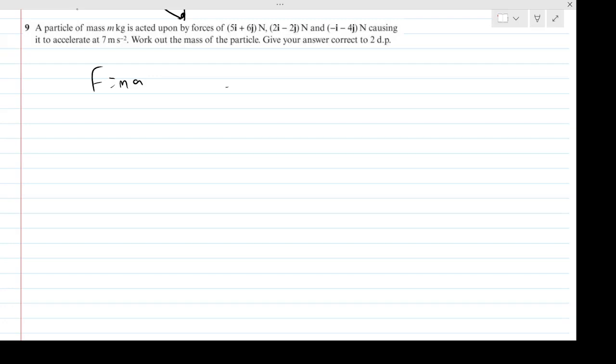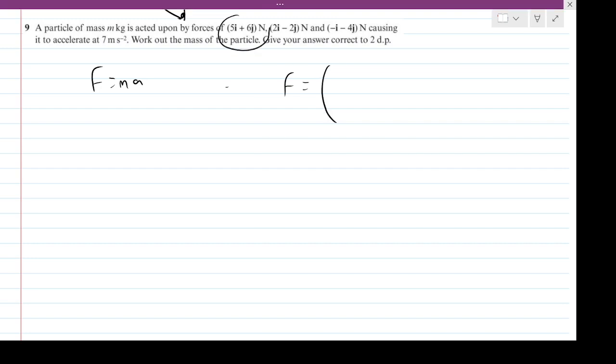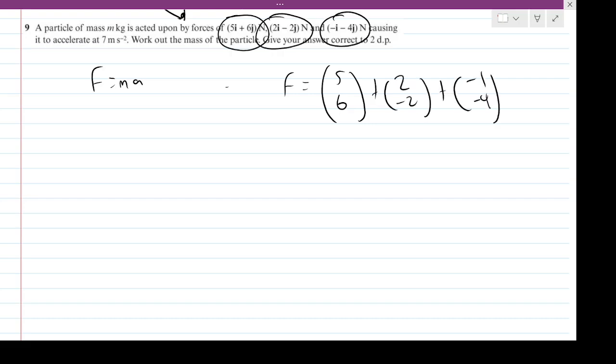Well, firstly, again, we've got these 3 forces, so we can calculate the resultant by adding them all up. So 5i and 6j is 5, 6. Added to the other one, 2i - 2j, so 2, -2. Added to this one, -1, -4. If we add the top numbers, 5 and 2 and -1, that's going to be 6. 6 and -2 and -4, that's going to be 0.